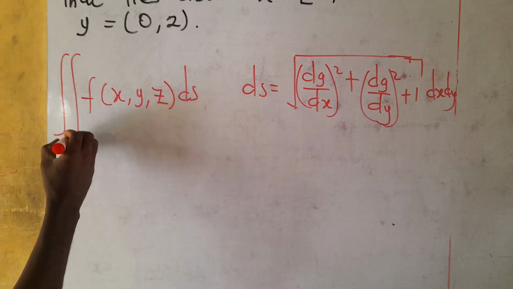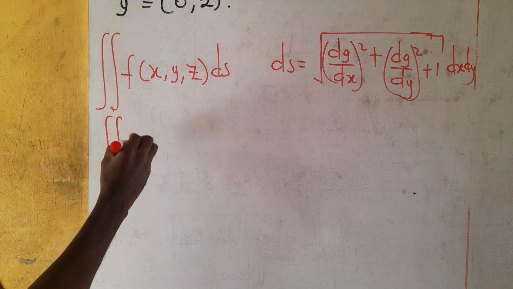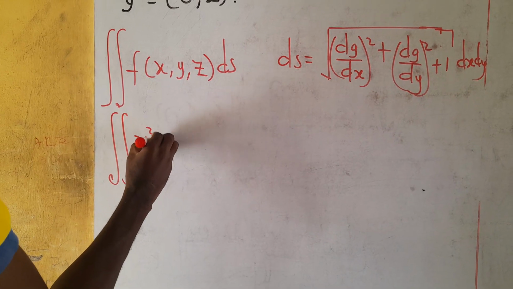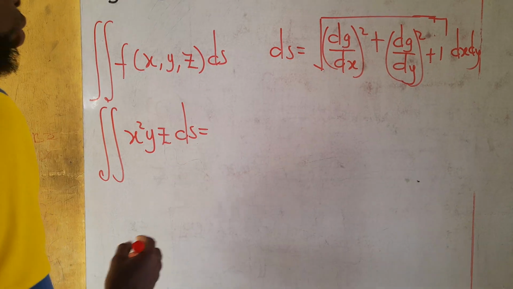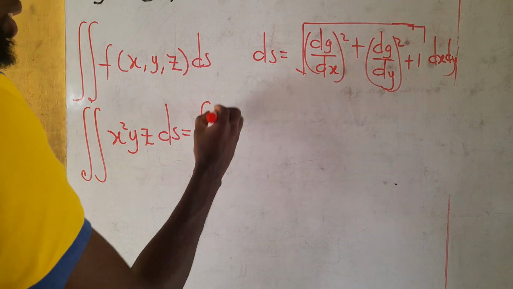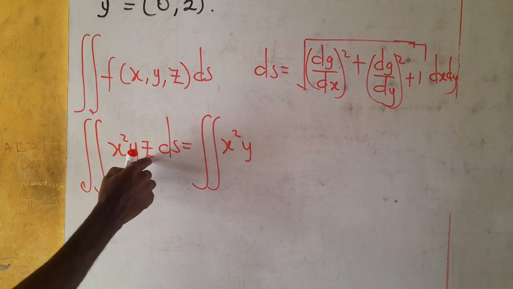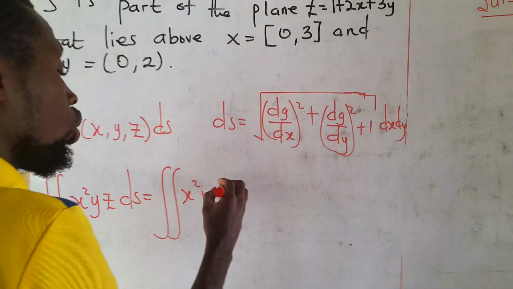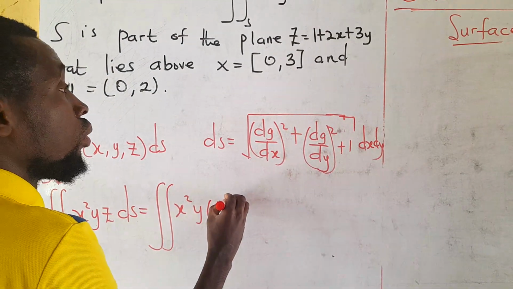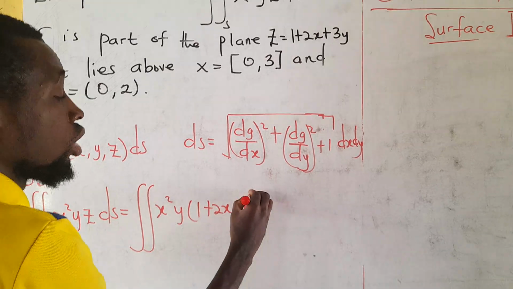So we can say that the integral of the function x squared yz dS will be equal to the double integral of x squared y, and what is our z? Our z is given here to be 1 plus 2x plus 3y.